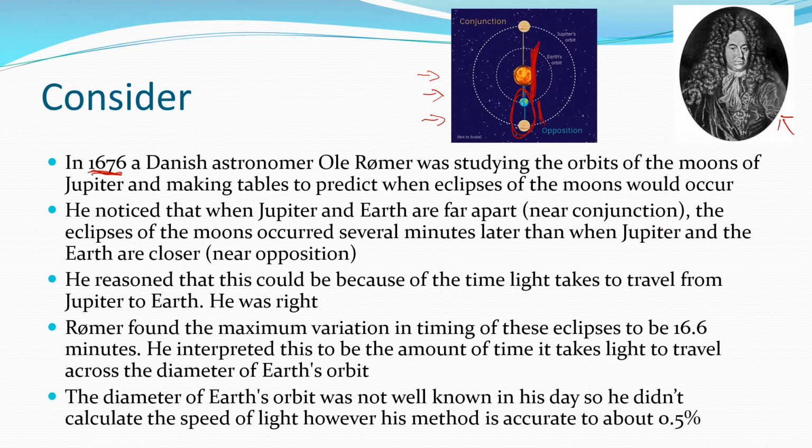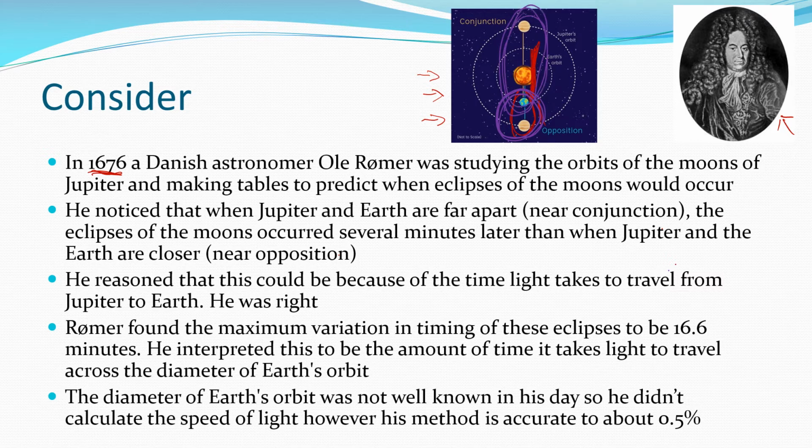Now, this astronomer had watched the eclipses of the moons of Jupiter, and he noticed that when Earth and Jupiter were very, very close, like this scenario here, it was a different time to when Earth and Jupiter were on opposite sides of the Sun.